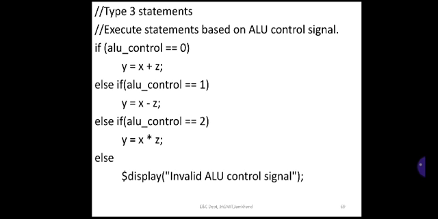Execute statement based on ALU control, that is arithmetic logic unit control signal. So the condition is checked. If ALU control is equal to 0, it is not an assignment statement, it is an is-equal-to statement. If its value is 0, then y is equal to x plus z is executed. If ALU control is not equal to 0, then the else part is checked.